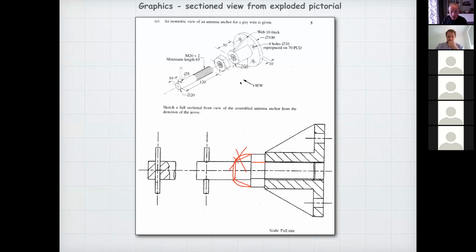And make sure that you can see what they've done here. They've just shown this view showing two faces there. Deliberately, they've done that. If you show two faces here, you'll lose marks, because the rule is if you haven't got another view that shows that that's a hexagon, you've got to show three faces there, like I've shown here. And look, here's a technique that they use to mark it.